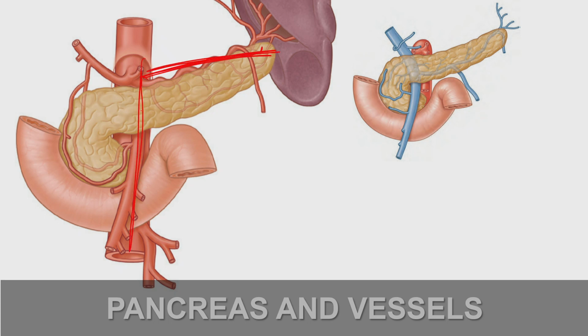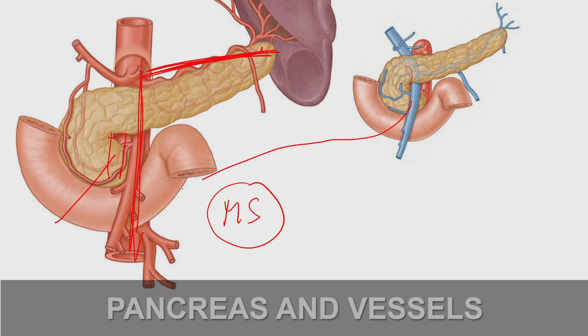In longitudinal orientation we have mesenteric vessels, the superior mesenteric vessels. More right is the vein, and more left is the artery.